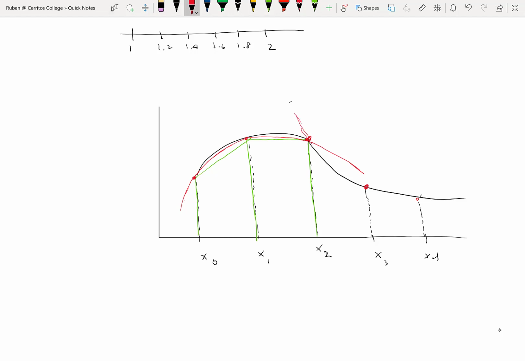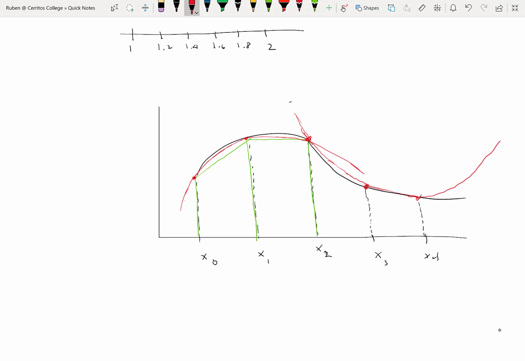It hits this point, and it kind of misses. It comes down, it hits this point, and maybe continues. My point is that in order for this next method to work, and it's not going to be called the parabola rule, we'll name it in a second.